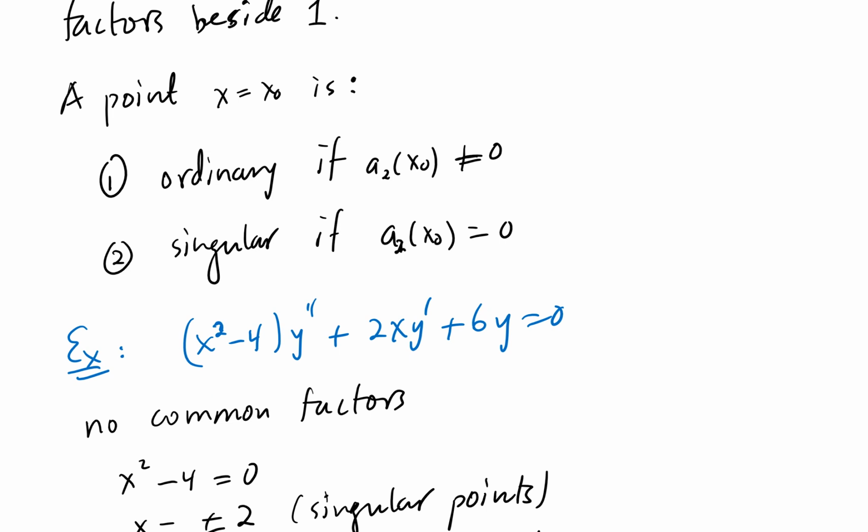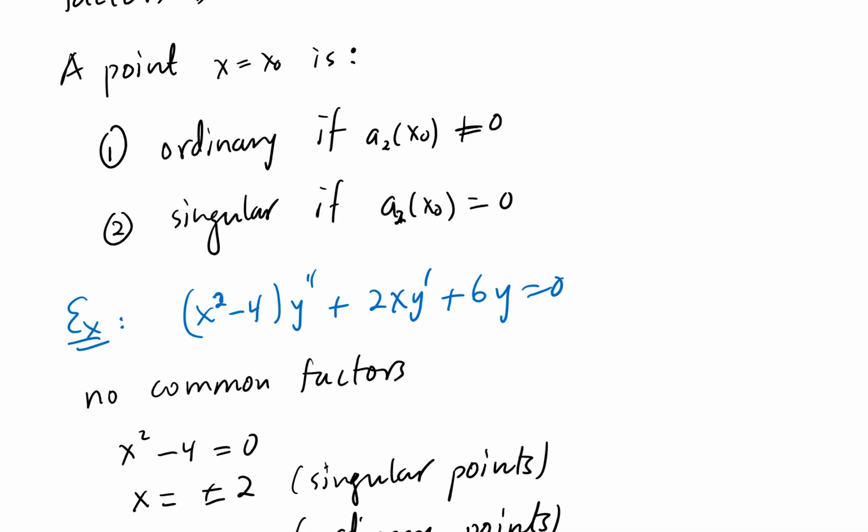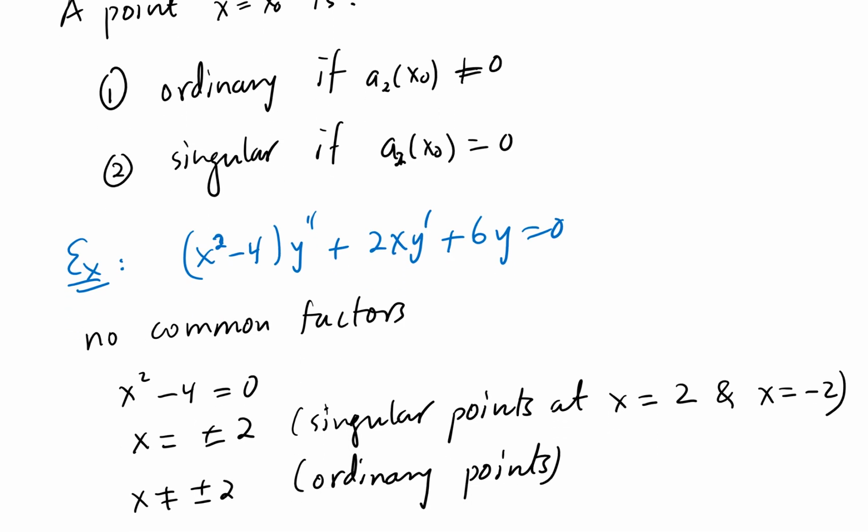If you take x squared minus 4 equals 0, you get x equals plus or minus 2. Since it's 0 at these points, we have singular points at x equals 2 and x equals negative 2. If it's not equal to 0, then they're called ordinary points. So this means there are ordinary points almost everywhere except at x equals 2 and negative 2.